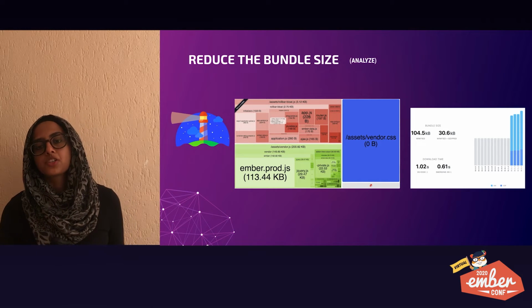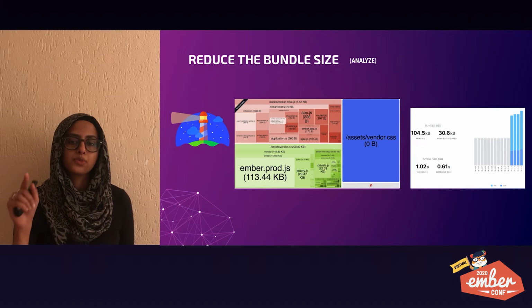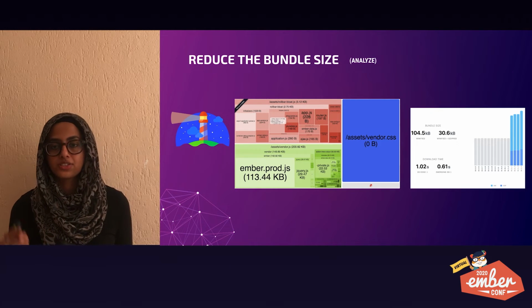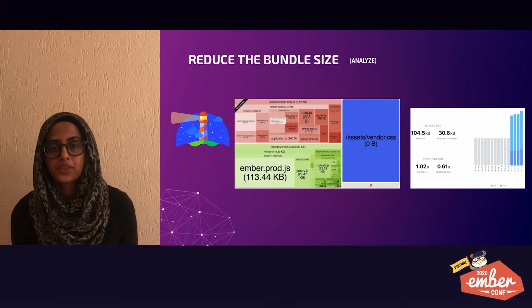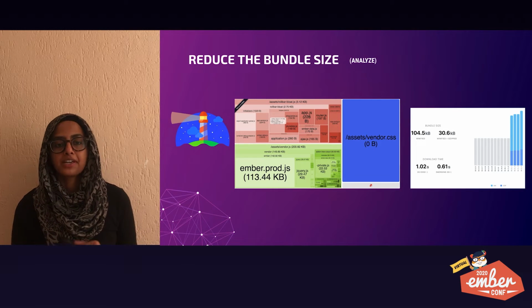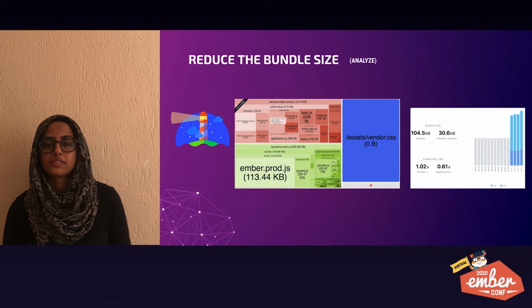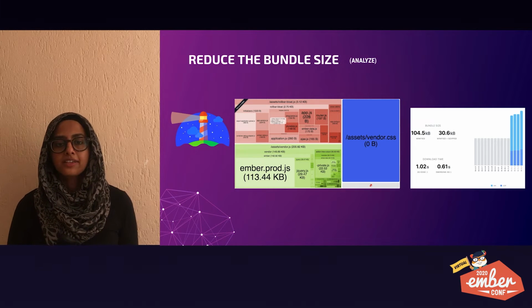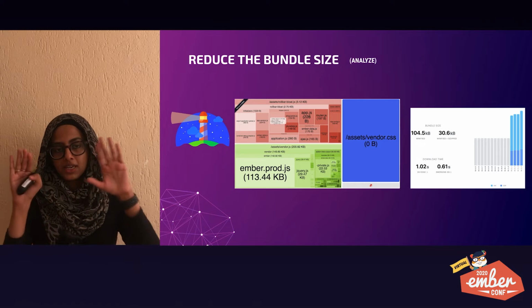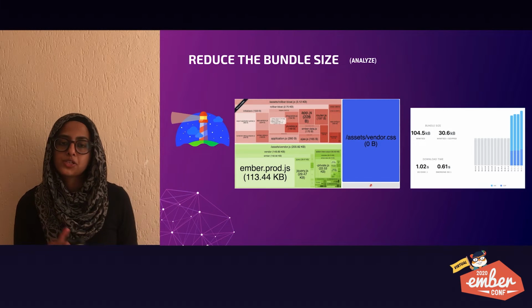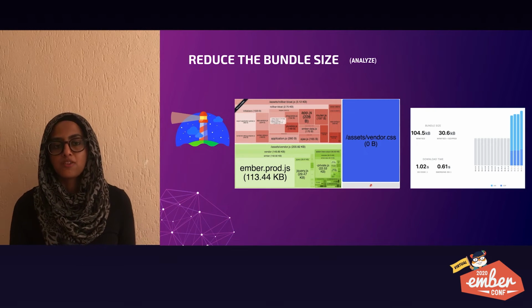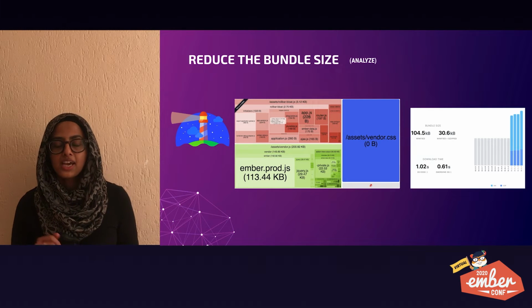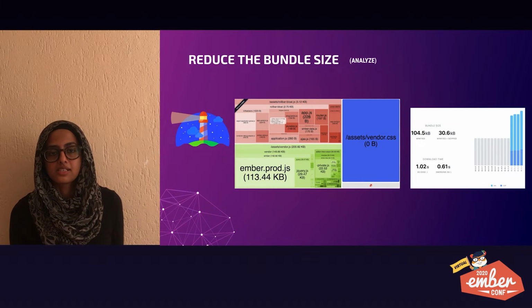So if you look at the picture, you'll be able to see the different packages that have gone into your bundle. We can also find out how big each contained module is, including the raw source, the minified, and the gzip sizes. Finally, by looking at the diagram, we can see which of the packages have made it into our bundle by mistake, and then we can optimize our bundle size.